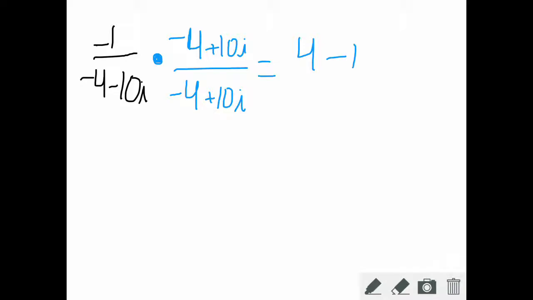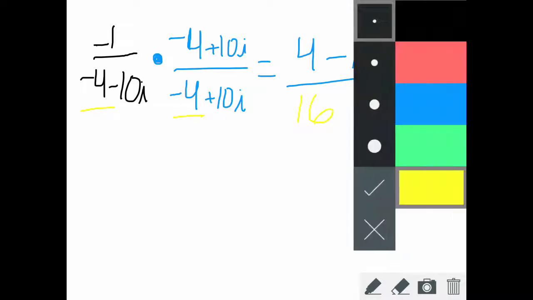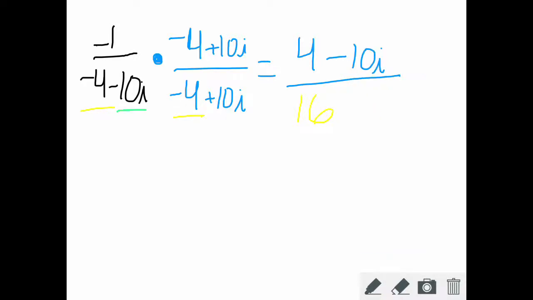You're just multiplying negative 1 times negative 4, which is 4, and negative 1 times 10i, which is negative 10i. And remember, for the denominator in this case, you do not do FOIL. You just multiply by what it is, whether it's a real number or imaginary. So negative 4 times negative 4 is 16. Negative 10i times 10i is negative 100i squared.